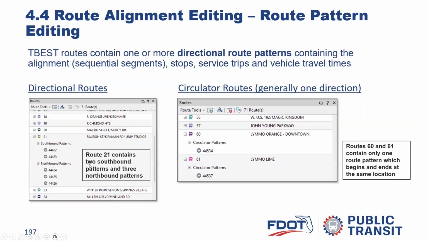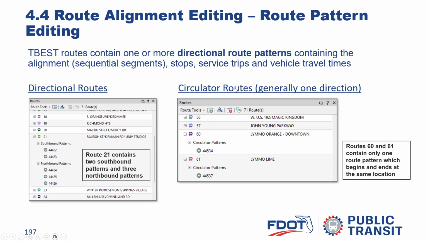So just in terms of route pattern editing, there are directional routes. In this example, on Route 21, we have 2 southbound patterns and we have 3 northbound patterns. Each one of those has its own path, its own stops, its own service that define the overall service for Route 21.